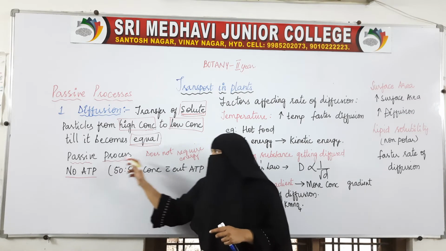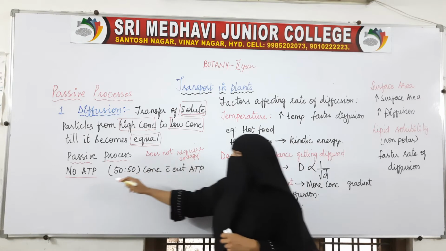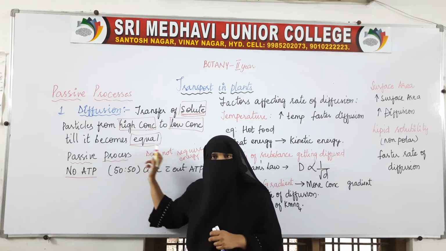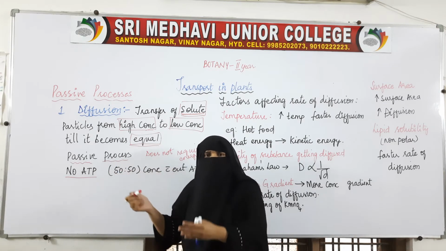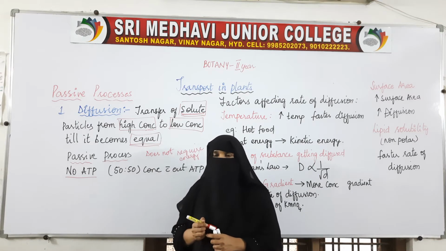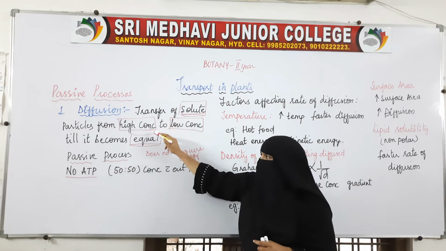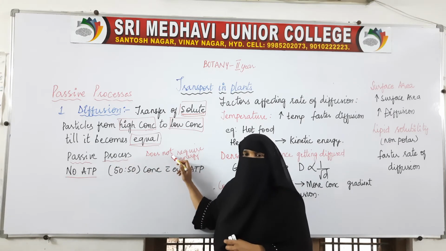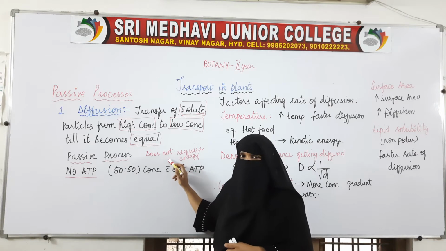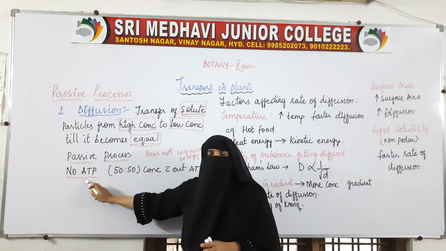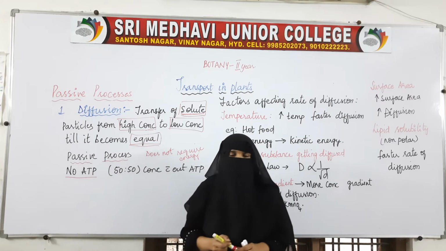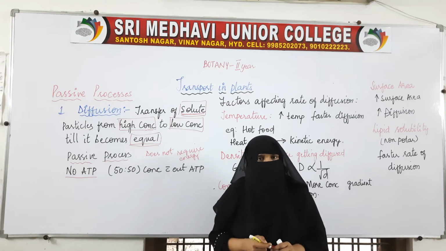So, when there is no need of energy, then there is no need of ATP. Because energy is not required, the energy giving molecule is also not required. As diffusion is a passive process, it does not require energy, so there is no usage of ATP. ATP is not utilized during diffusion.